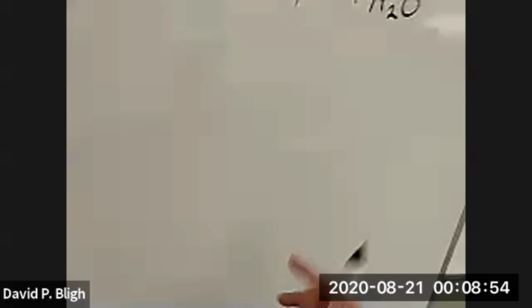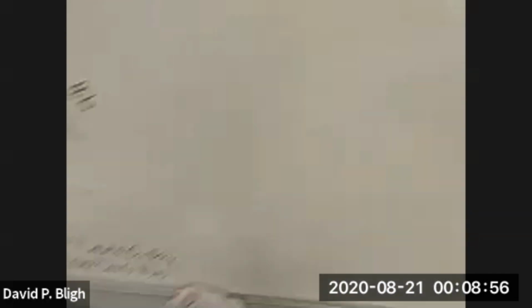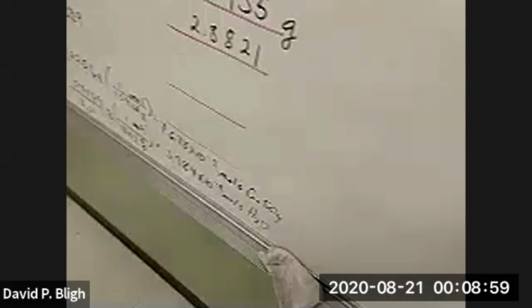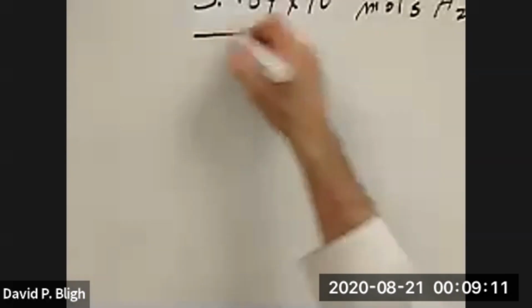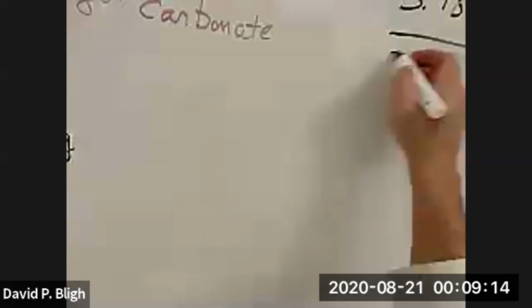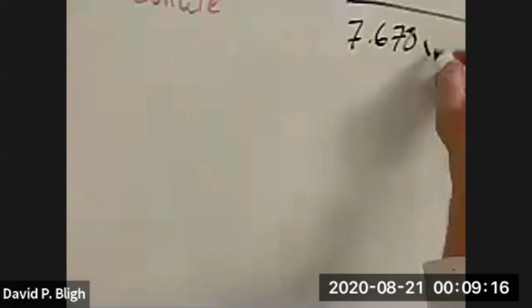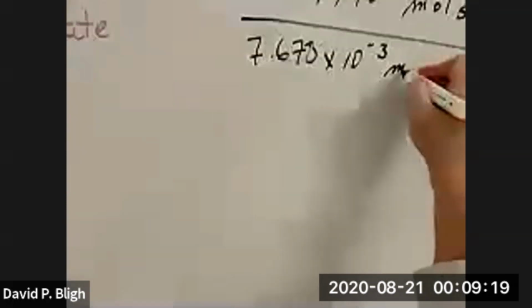So now the ratio of the two, this one to that one, will give us how many for every one of those, right? So we need water on top, 3.984 times 10 to the minus 2 moles of water per how many moles of copper sulfate? 7.678 times 10 to the minus 3 moles copper sulfate. And that's our X value.